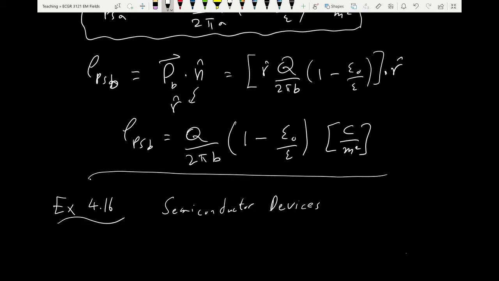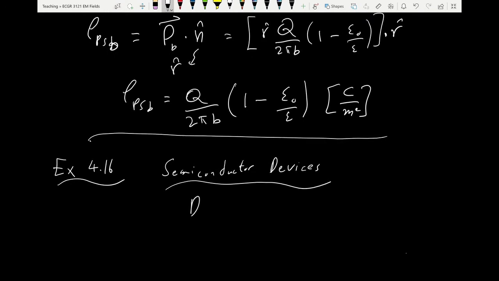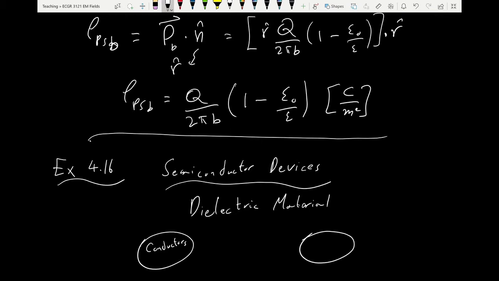Now, we covered dielectric materials, but for semiconductor devices it's not exactly accurate to call them dielectric. They have dielectric properties, so they are somewhere in between. So we have conductors, with their concentration of free charges that are free to move anywhere.